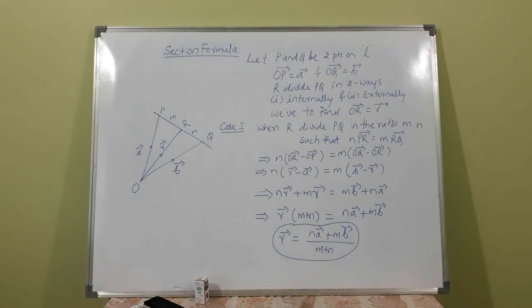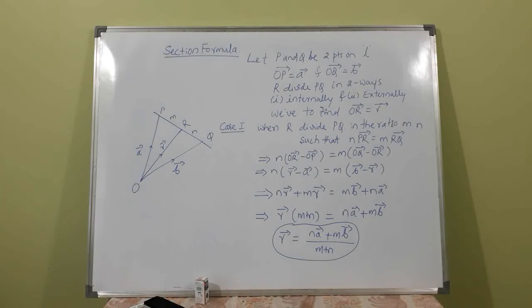Let P and Q be 2 points on the line. A is the position vector of P with respect to O, and the position vector OQ of point Q with respect to O, let us call it B. Suppose a point R divides PQ in the ratio m:n.